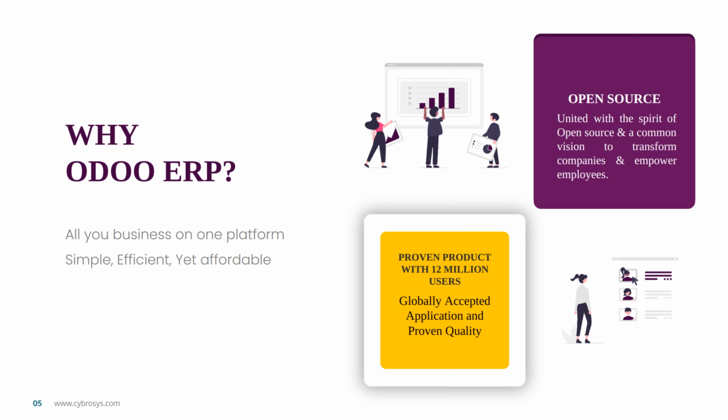There are certain factors that make Odoo popular. The first thing is that Odoo is an open source ERP with no vendor lock-in, and it is a proven, globally accepted product with 12 million plus users.